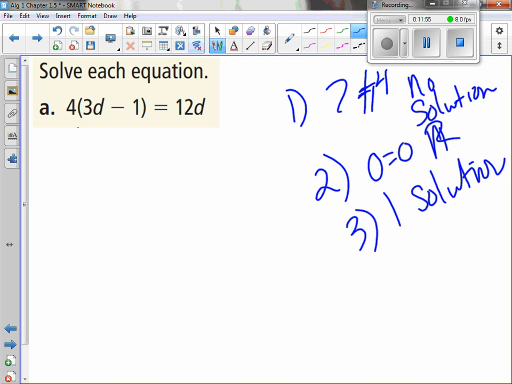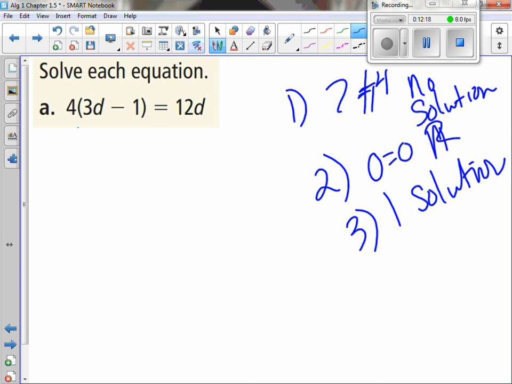Okay? So these are the three cases we can come across. There's one of these three here. And if you're wondering, could we have sets of numbers? Not with equations. We couldn't have x is greater than 2 for any value for that. Because that wouldn't be equations, that would be inequalities, and we'll cover that later.